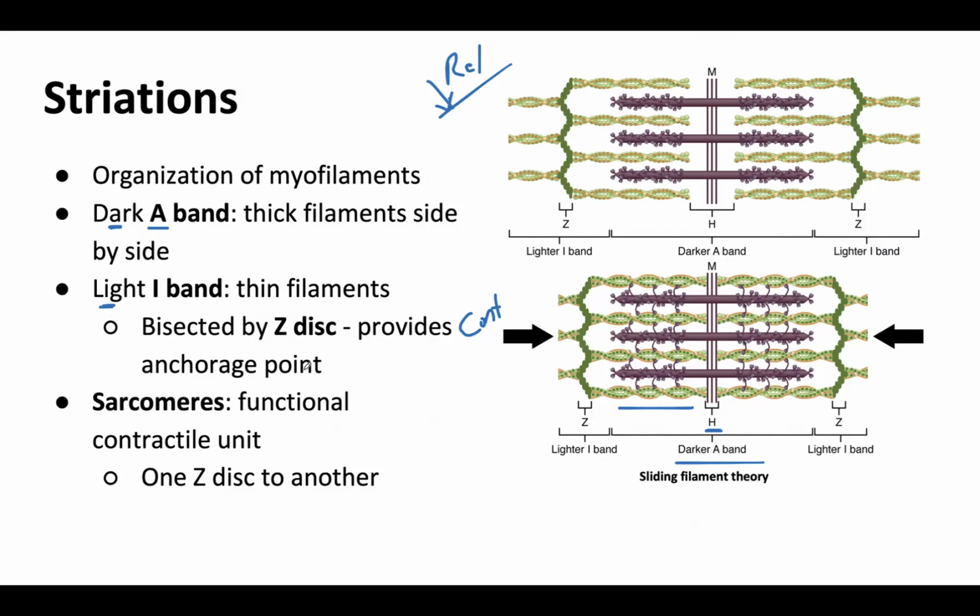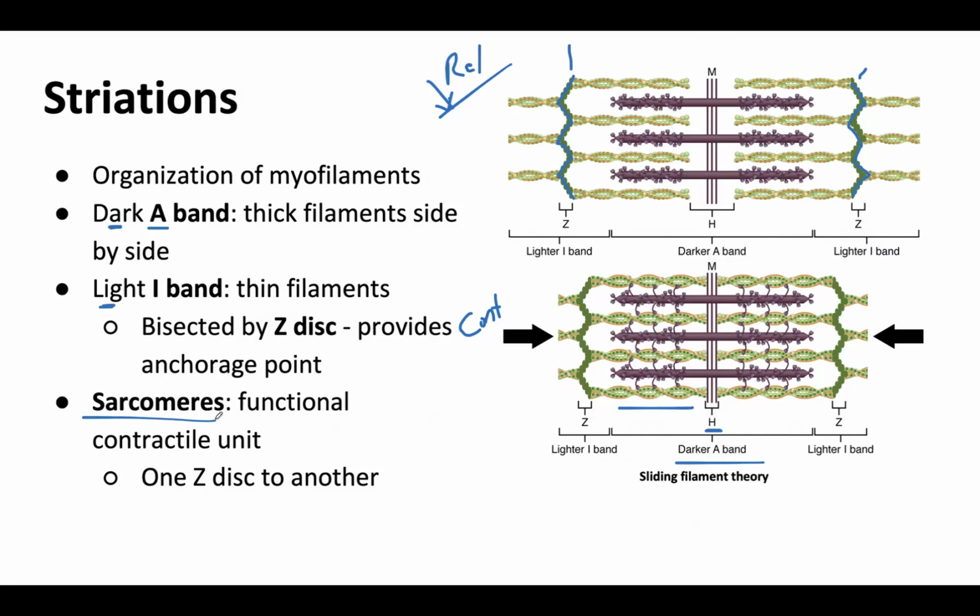And each I band is importantly bisected by a narrow and dark Z disc, which provides anchorage for the thin as well as those elastic filaments we talked about in the previous slide. Each segment from one Z disc to another is called a sarcomere. And the sarcomere is the contractile unit of a muscle fiber.